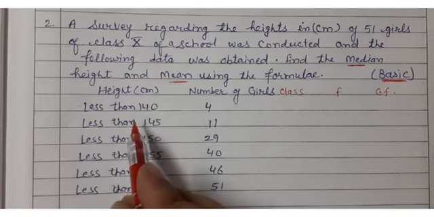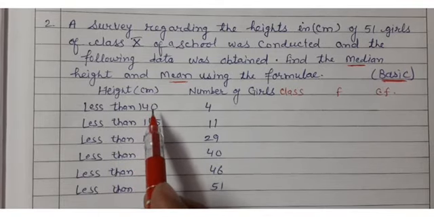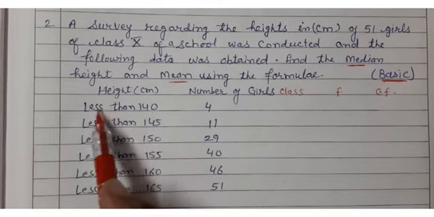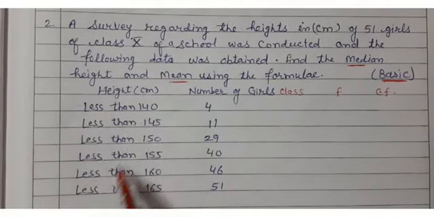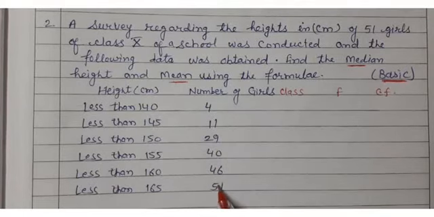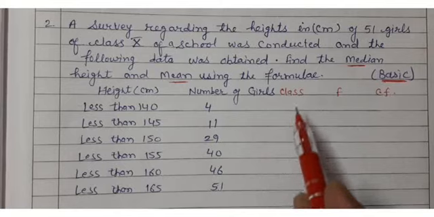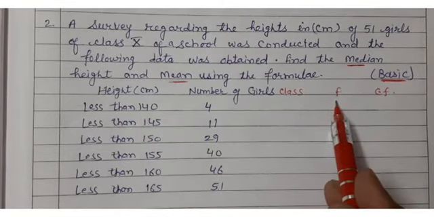The first class is not directly given to you, and again, as I told you in my videos, whenever you are given this less than or more than term, it means this is your CF, the number of girls. So you have to convert it into class and frequency.